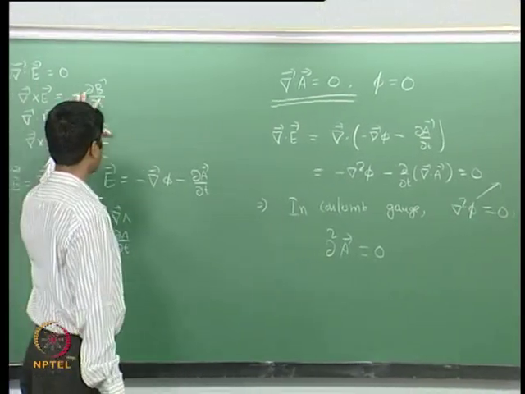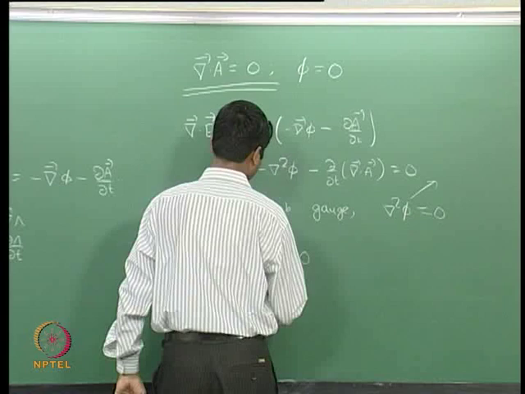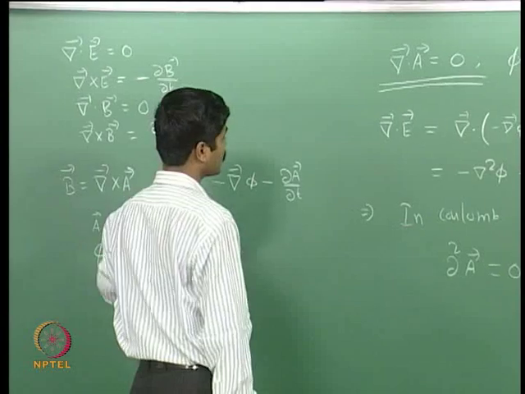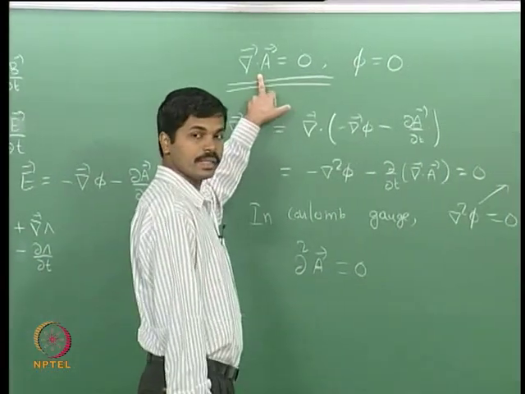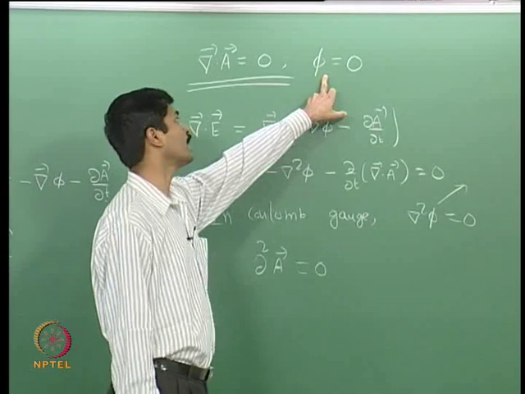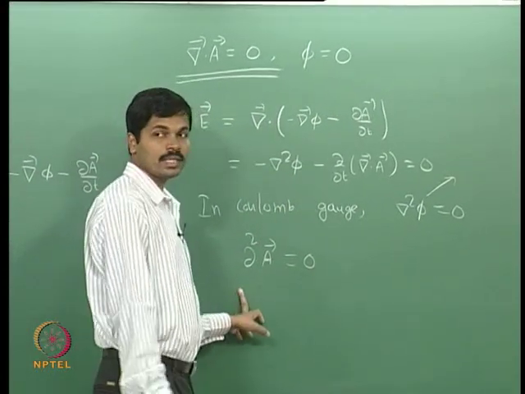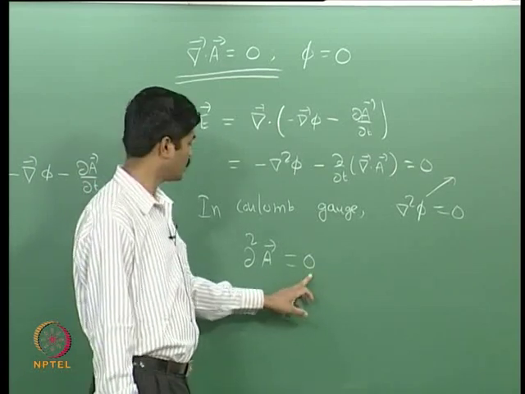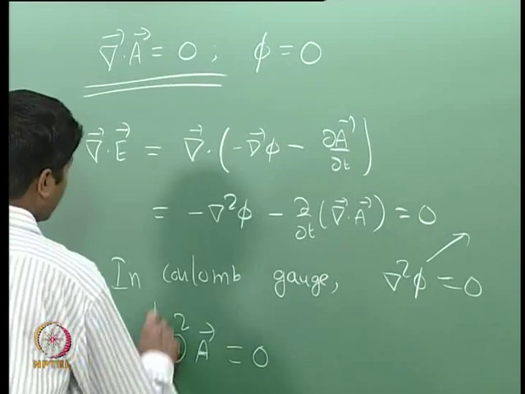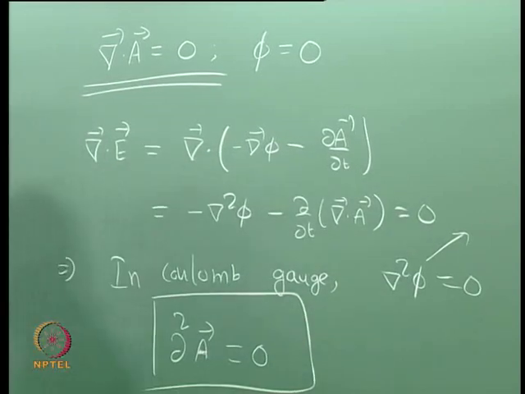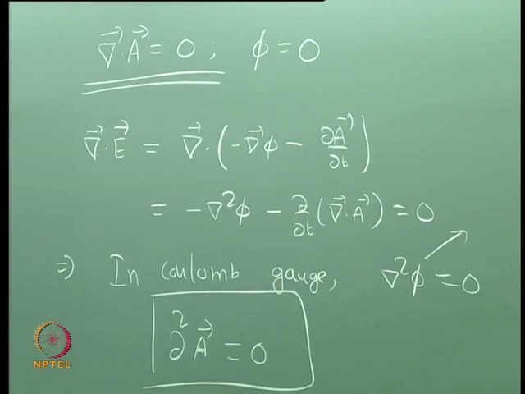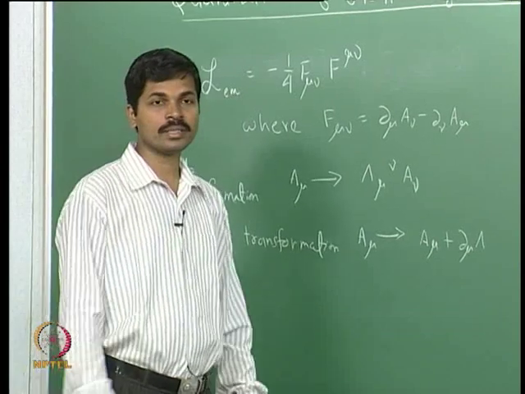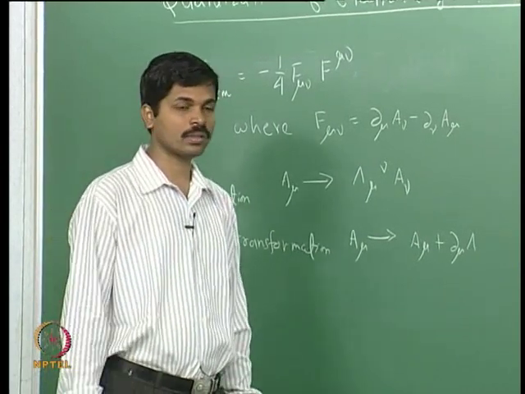Okay, so I leave it as homework for you. You show that these equations with the gauge del dot A equal to 0 and phi equal to 0 imply that the D'Alembertian acting on the vector potential A is equal to 0. Okay. So this equation looks quite familiar to you, right? This almost looks like the Klein-Gordon equation, except that the field A is now a vector field, and also the mass term is no longer there.